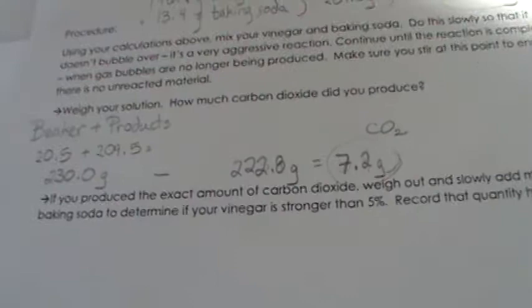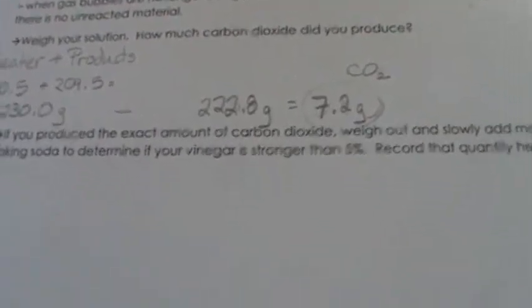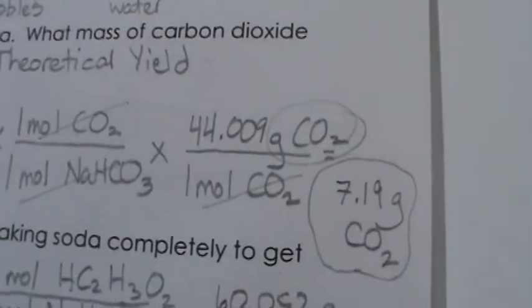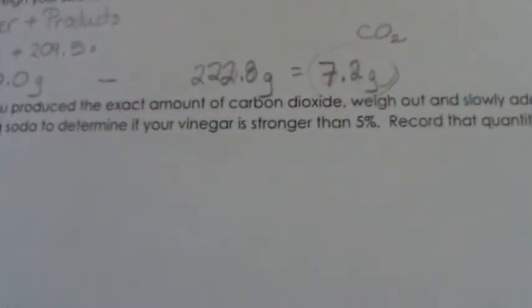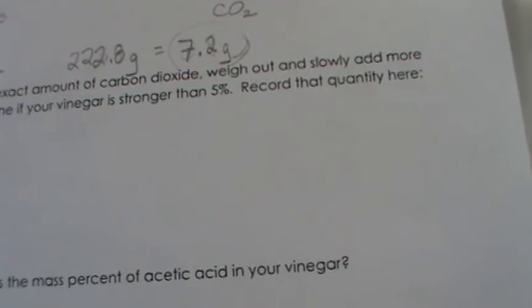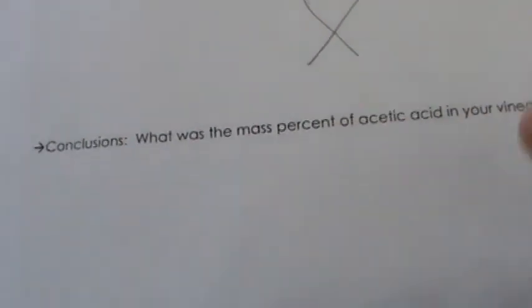Okay, and that's what we had expected to get, 7.2. And I really had to work for that extra amount. So my guess is there probably isn't any more. So we're going to go ahead and just skip this.